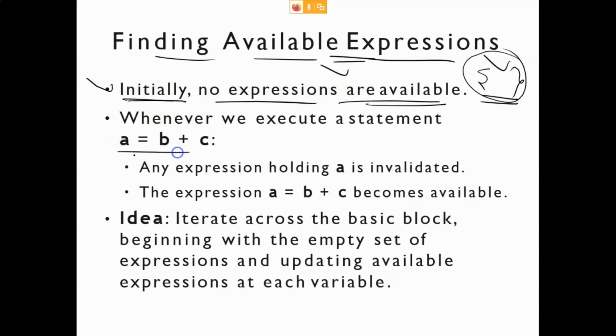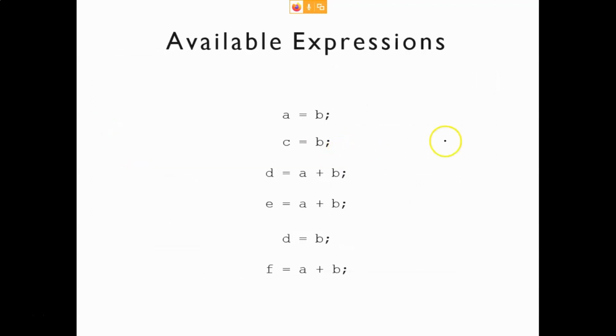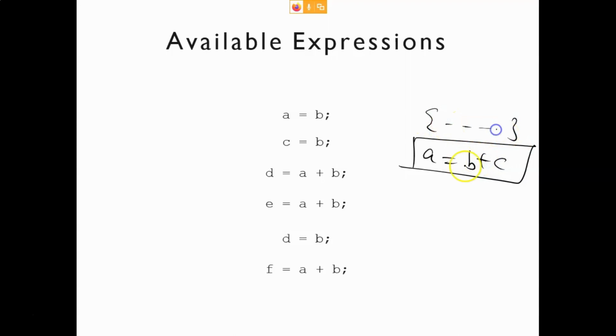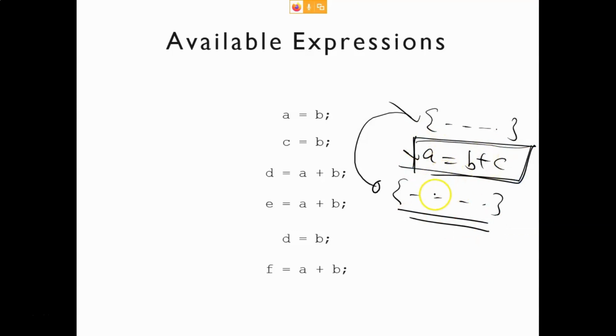Now, once you have an expression, for example A equal to B plus C, before this you have some set of available expressions. After this, what will be the available expressions? That is the point. You have some set of available expressions, and after this statement we want to find out your new set of available expressions. After this statement, this expression A equal to B plus C is definitely available, so you will include it in your set.